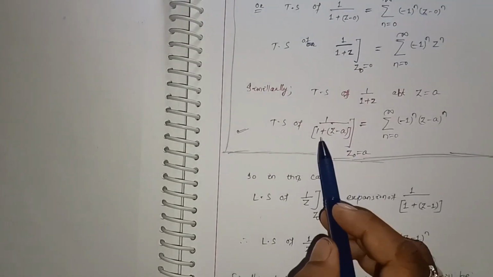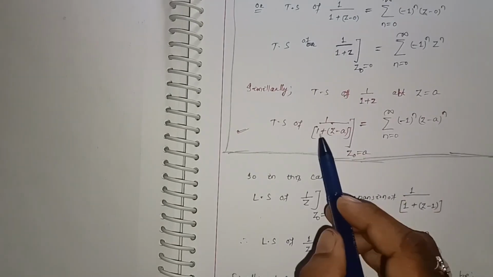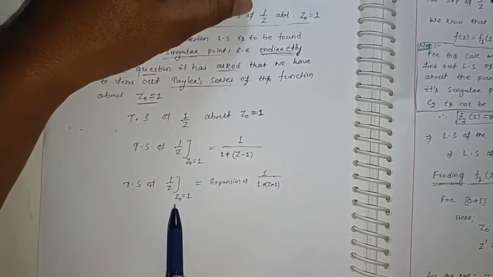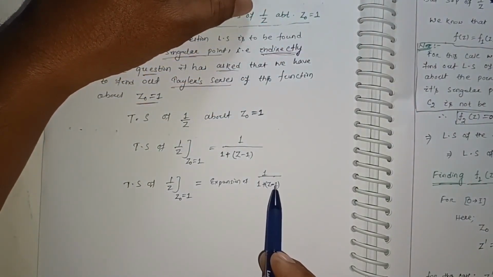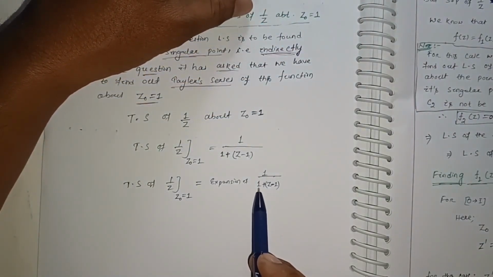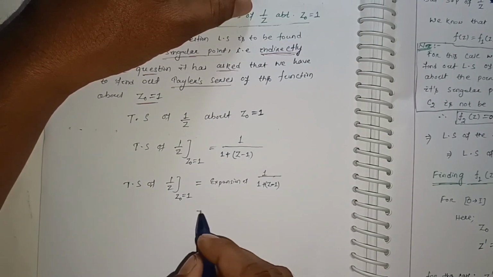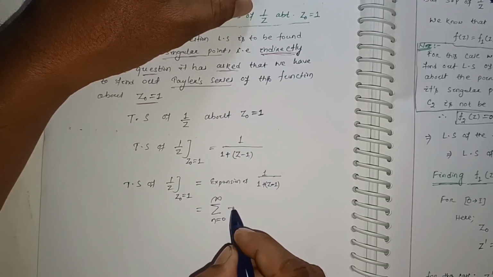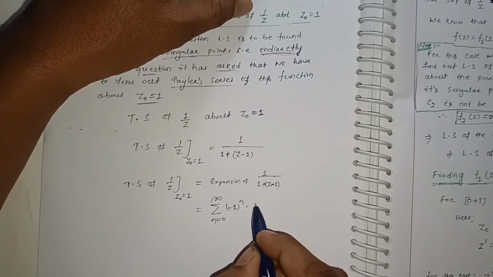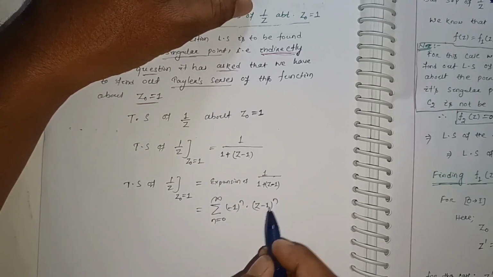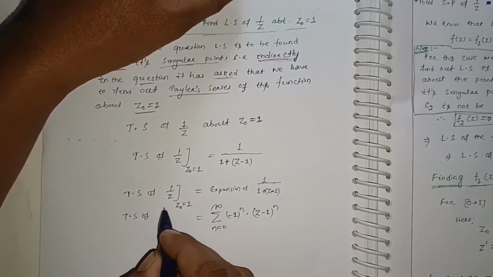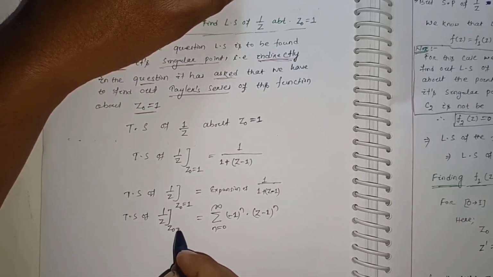If it is z minus a, it will be like 1 plus z minus a, about z0 equal to a. So here, about z0 equal to 1, the expansion of 1 by 1 plus z minus 1 is nothing but the summation over n equal to 0 to infinity of minus 1 to the n into z minus 1 to the power n. So this is the Taylor series of 1 by z about z0 equal to 1.